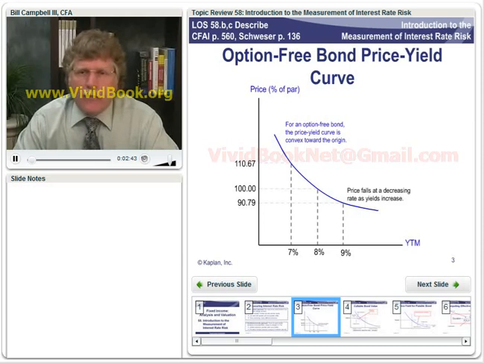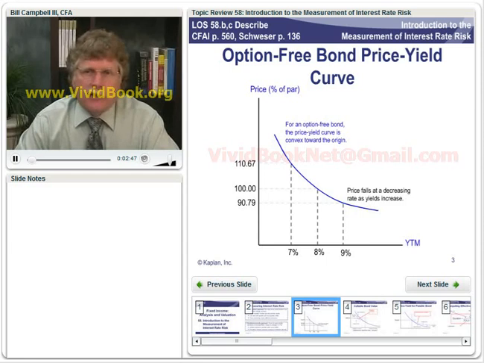Notice that as yields drop from 8% to 7% to 6%, not only does the price of the bond increase, but it increases at an increasing rate. So the lower the yield drops, the faster the price of the bond goes up.